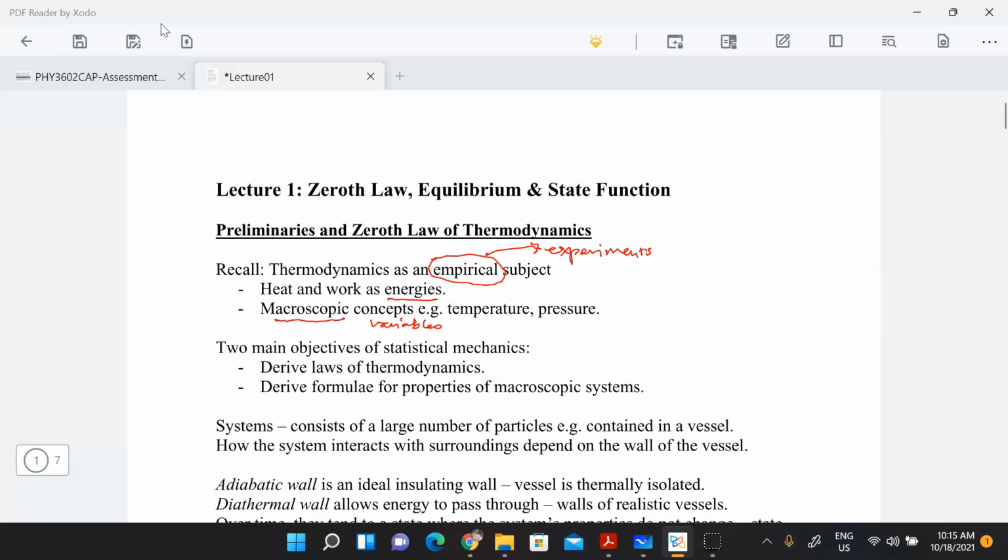The main idea of statistical mechanics is actually to be able to derive thermodynamics from a much more microscopic point of view.